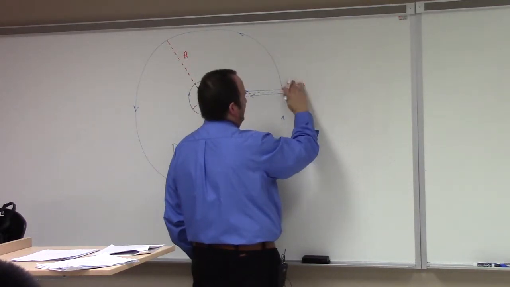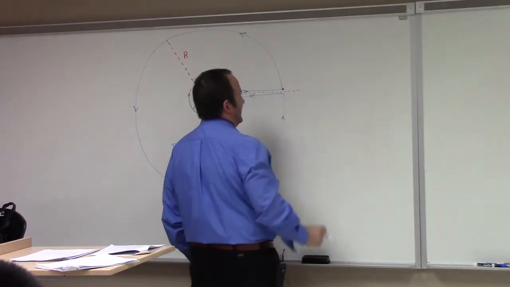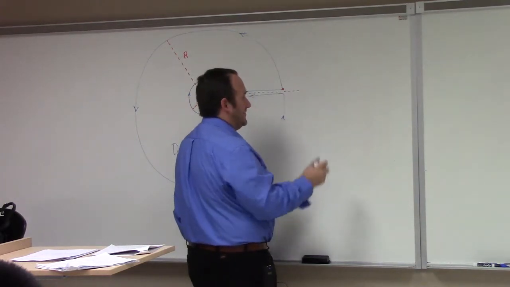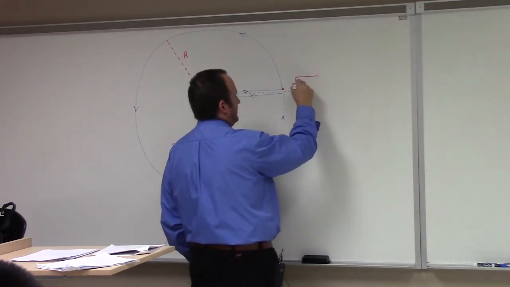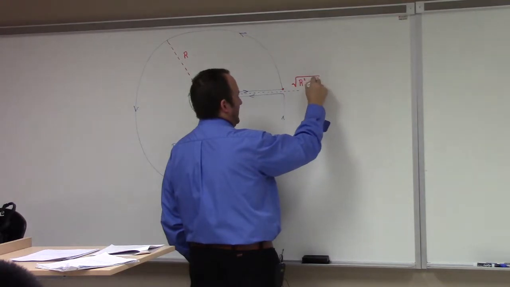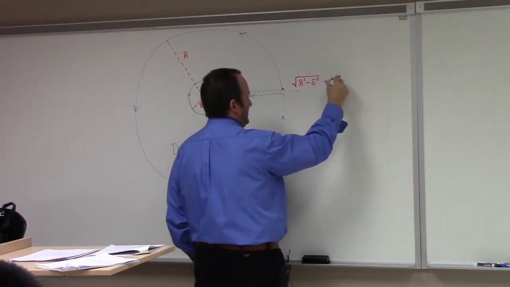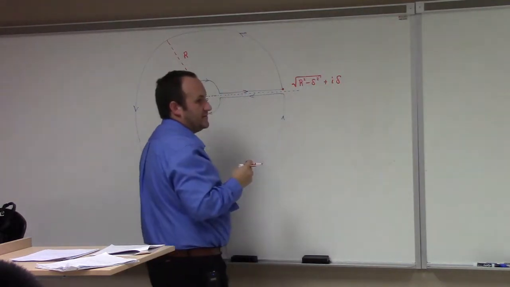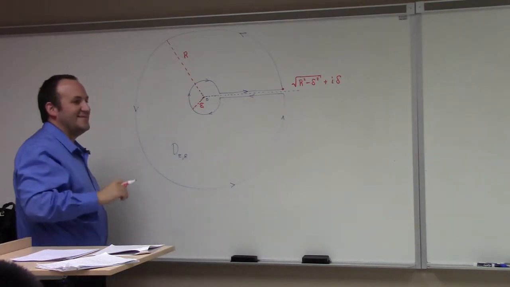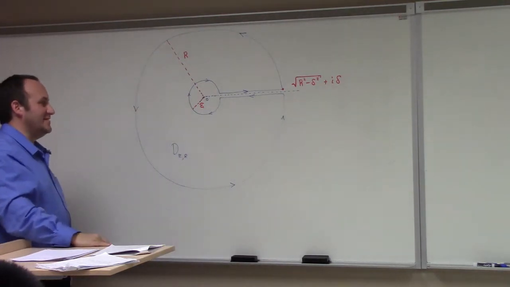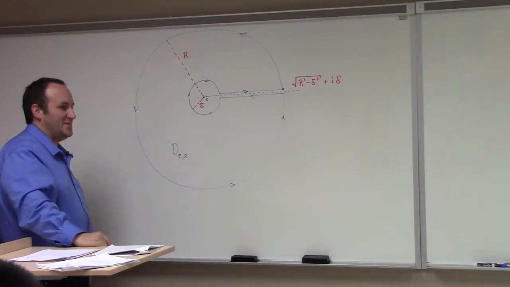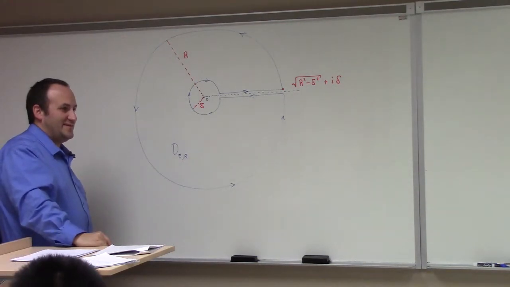Even that, if you want me to be fussy, it is on the circle. So I should put the square root of r squared minus delta squared plus i delta, to be fussy. Probably just have r. But technically it's got to be on the circle, right? So if I have r plus delta, that's not, okay.